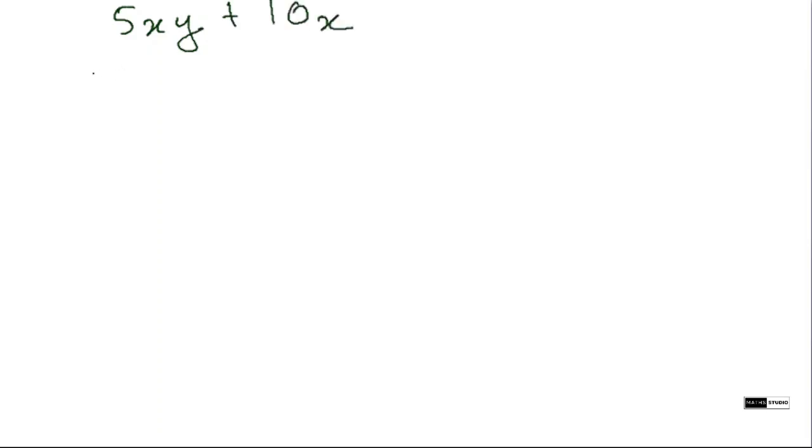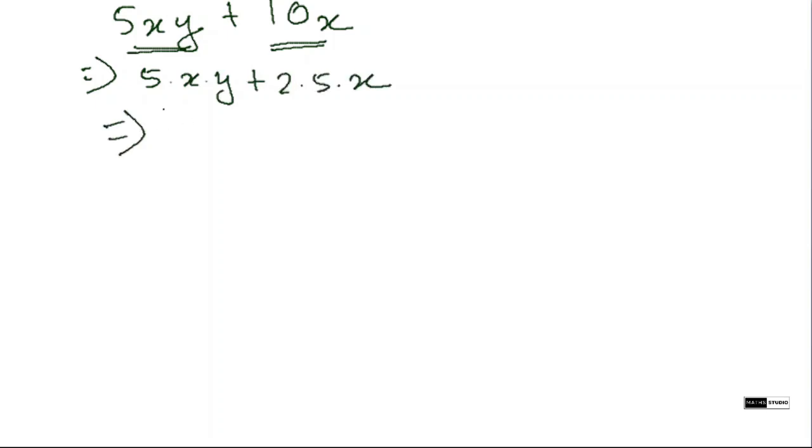Again, I am taking an easy example, being a teacher. So what are the factors of 5xy? 5, x and y. And for 10x, 10 can be written as 2 into 5 into x. So I'm just breaking it into smaller parts: 5 into x into y plus 2 into 5 into x.